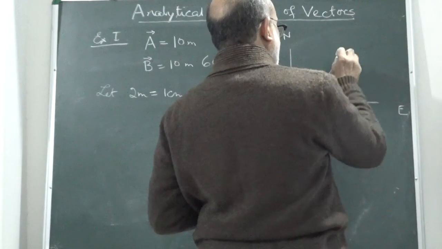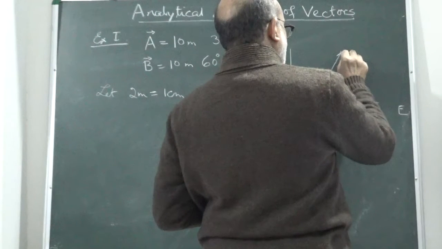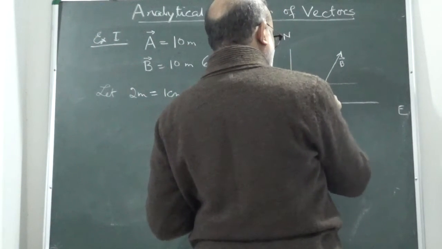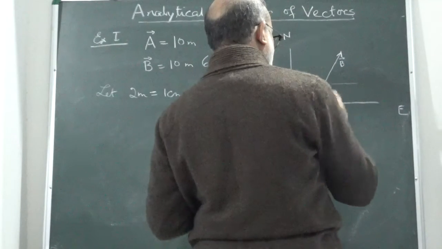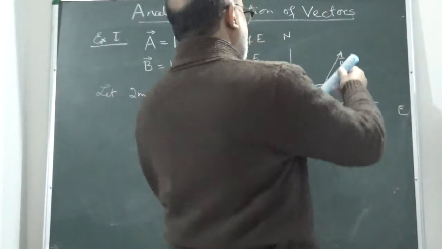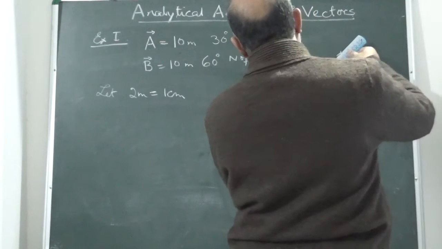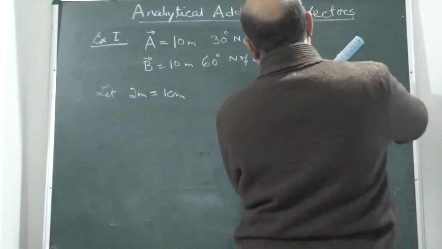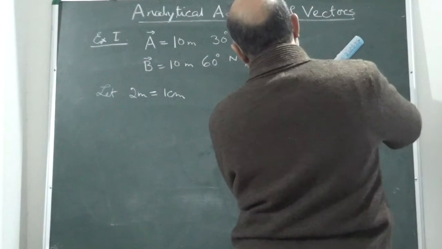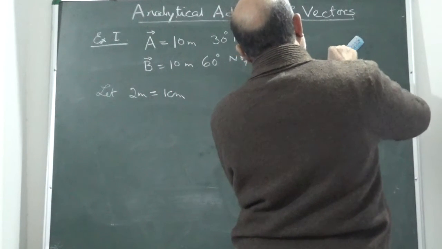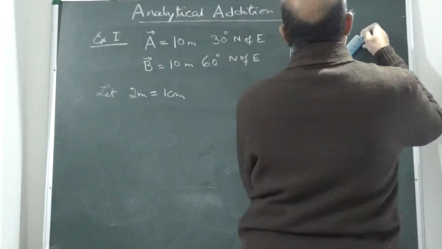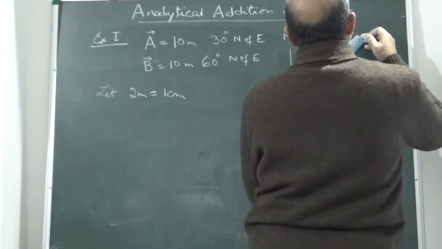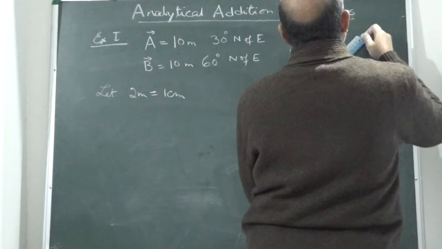So this means this vector represents B and this arrow represents A. Now the resultant is given by approximately 9.4.